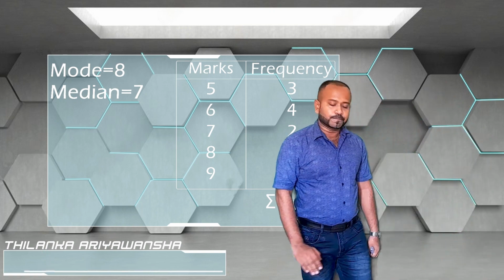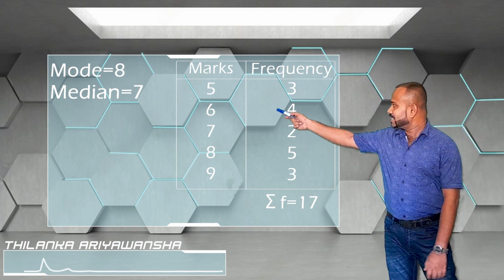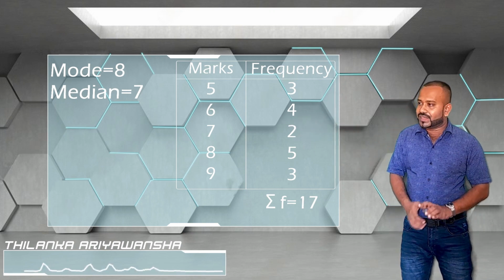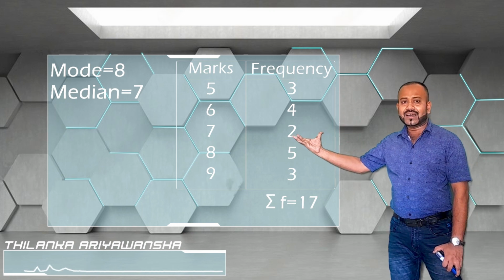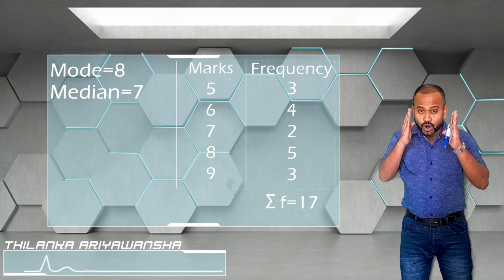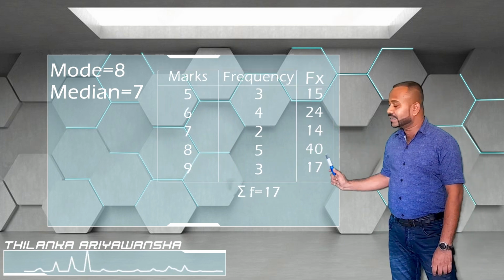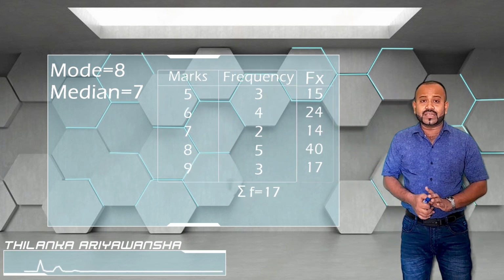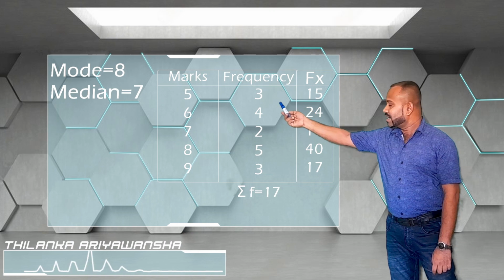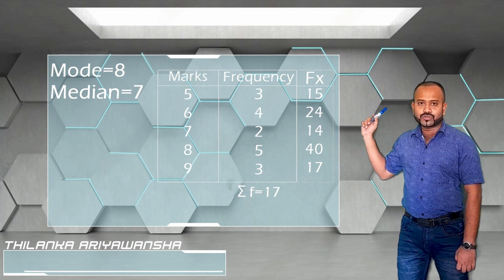When they ask us to find the mean, from the table we know that number 5 is repeating 3 times, number 6 is repeating 4 times. Likewise, we have summarized the previous data in this table. To find the mean, we have to get the total of all these marks. Therefore, I have to add another column, in which we multiply these two. This product gives us the total. 5 into 3 is 15, 6 into 4 is 24.